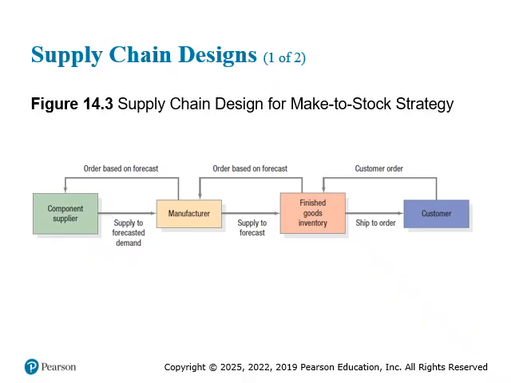So a component supplier is going to forecast demand from a manufacturer. The manufacturer is going to forecast demand from a customer or potentially some distributor or some warehouse where we want to keep finished goods inventory in stock.